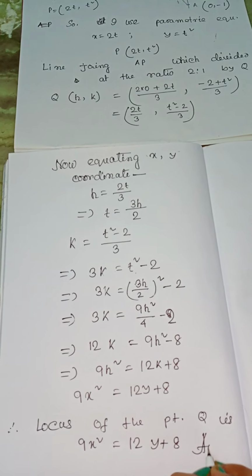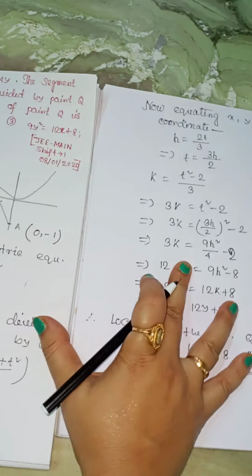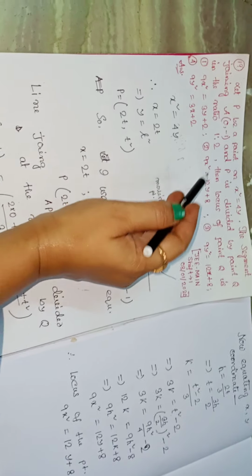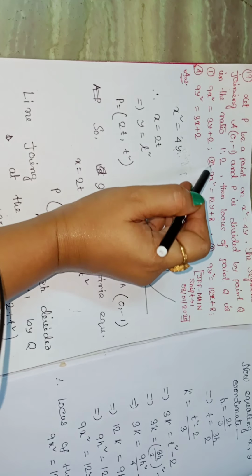It is the required answer, and our option is 9x square is equal to 12y plus 8, option 2.